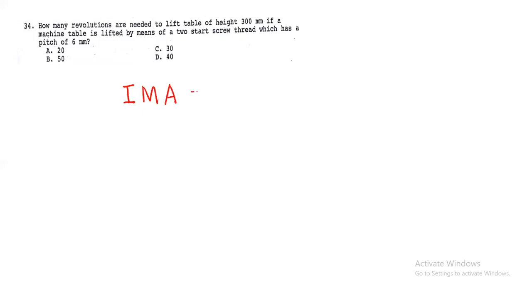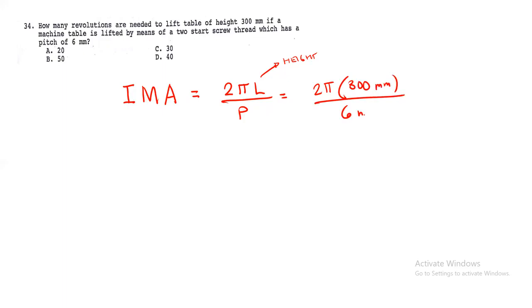So itong ideal mechanical advantage sa screw thread, ganito yung formula niya. So 2 pi L over pitch. Itong L natin, yan yung height or length. So 2 pi times 300 mm per pitch na 6 mm.